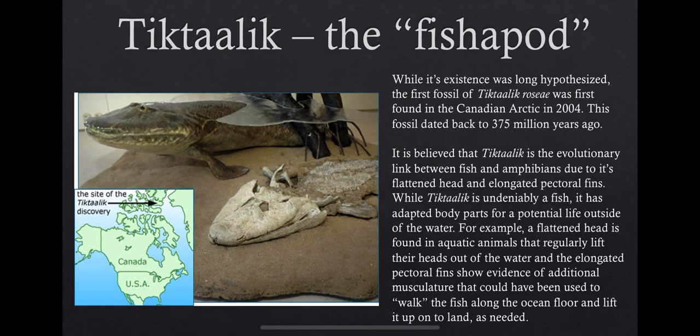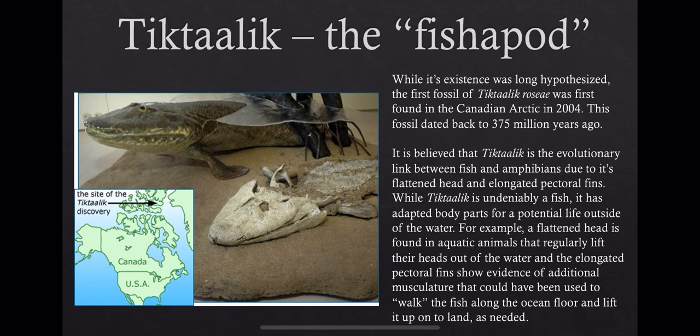Something else about tiktaalik that maybe gives us some evidence that it could be a common ancestor of the amphibians is in the pectoral fins. So the pectoral fins are the equivalent of a forelimb in fish. And tiktaalik had very elongated, muscular pectoral fins.